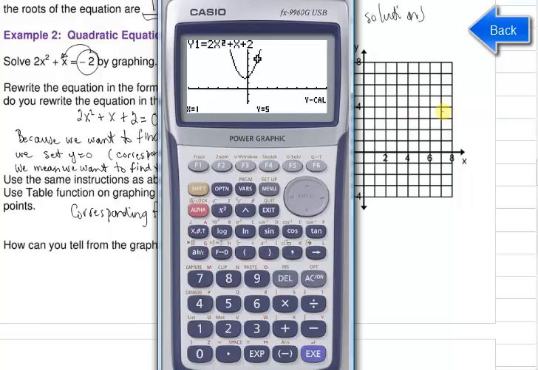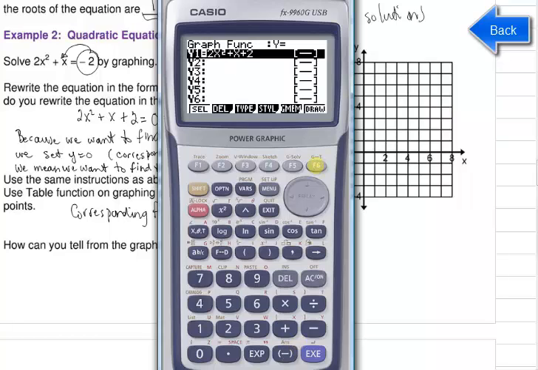So that'll give me a point on the right of my vertex. I want to get a point to the left, so I'll go back to draw.